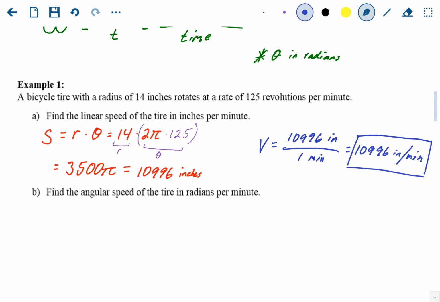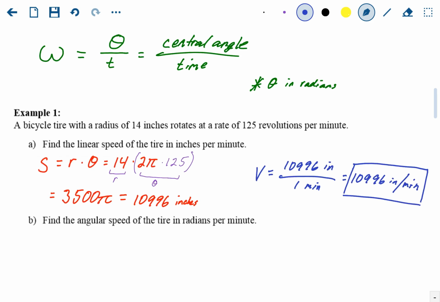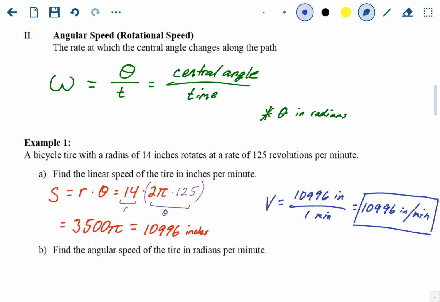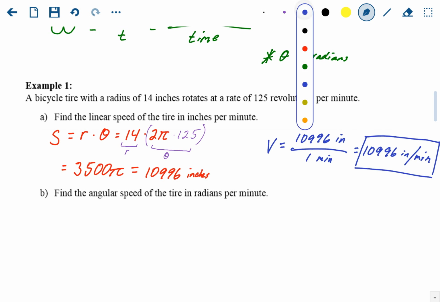Now I want to figure out what angle is changing per minute, the angular speed in radians per minute. For this one, for the formula, we only need to know what theta is. And luckily we already figured out theta to find the linear speed. So we're just going to do that again.